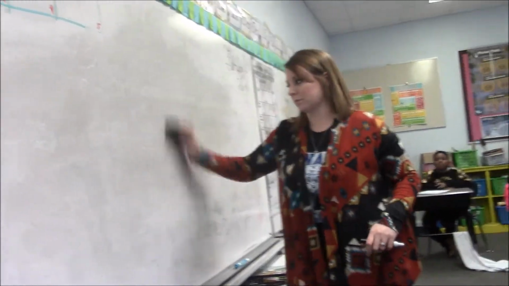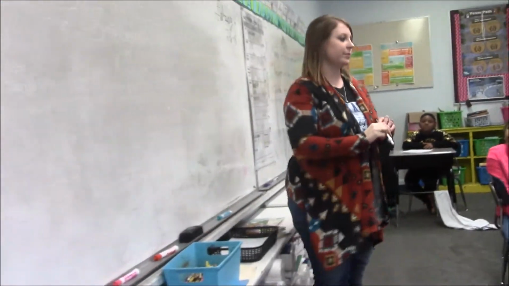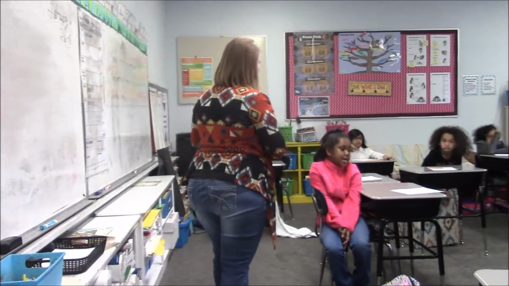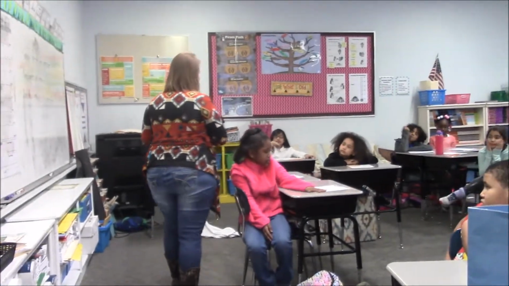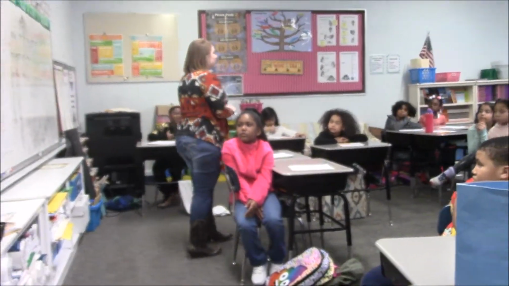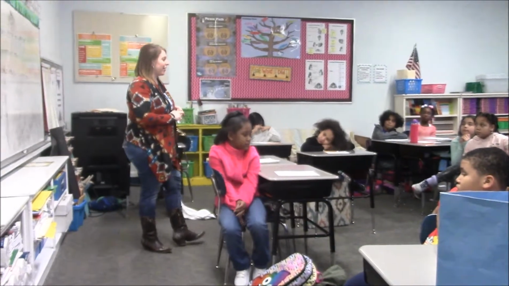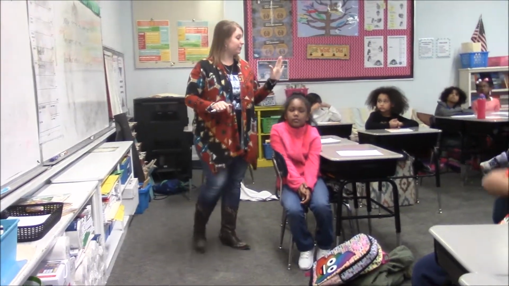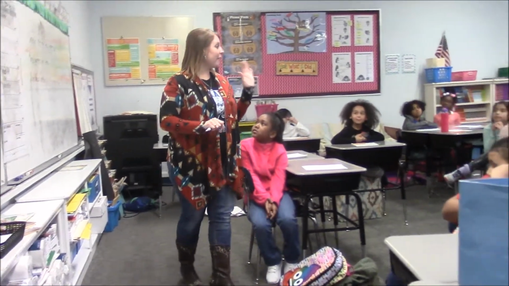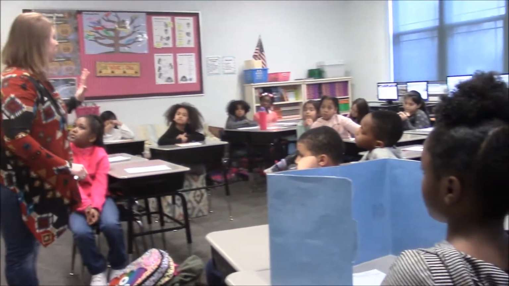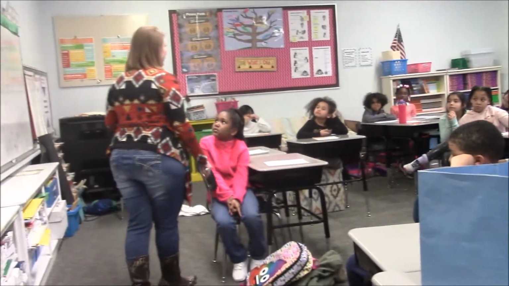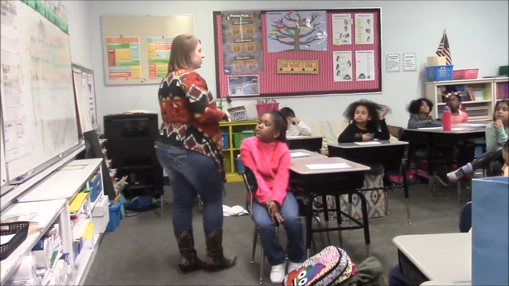All right, so now I'm going to give you a little word problem and I want you to listen. You ready? Yes. Okay, so Miss Smith had 5 different kinds of candy. She had 7 of each kind.